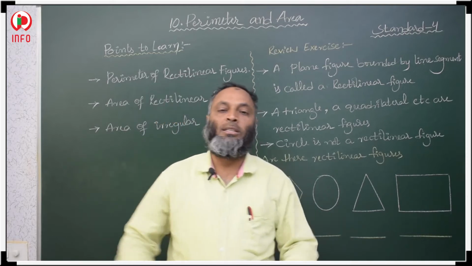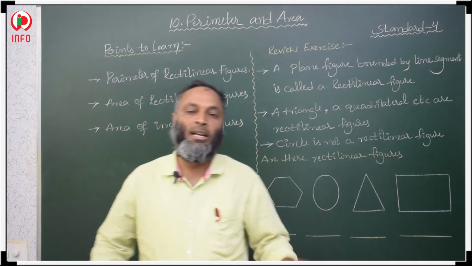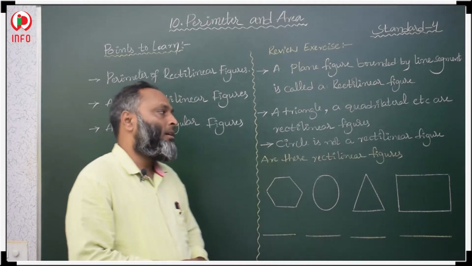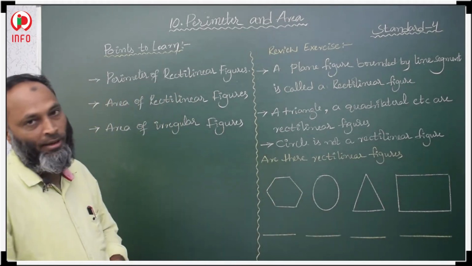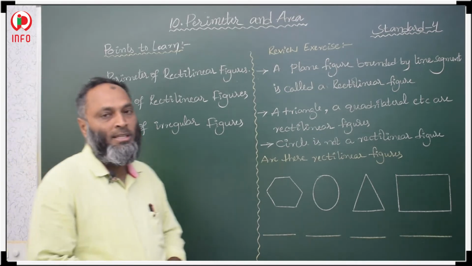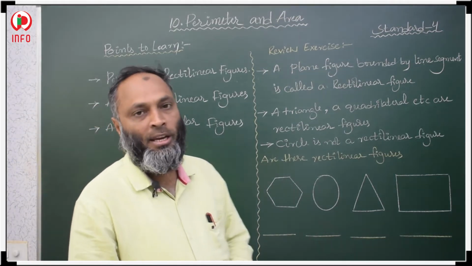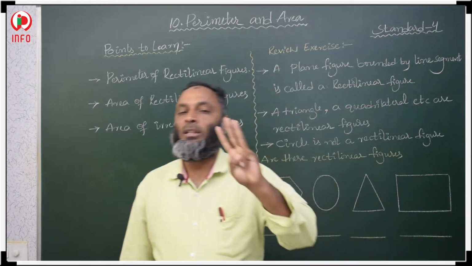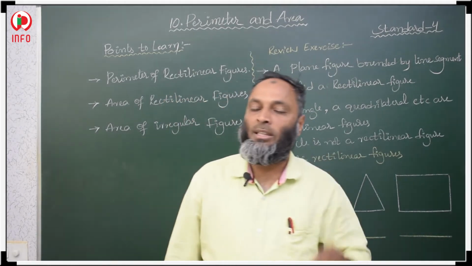Regular means it is a circle, a square, a rectangle, a parallelogram. Irregular means it is in a zigzag way. Then how to find the area of those irregular figures, that we are going to discuss. Total 3 concepts we are going to discuss in this chapter.